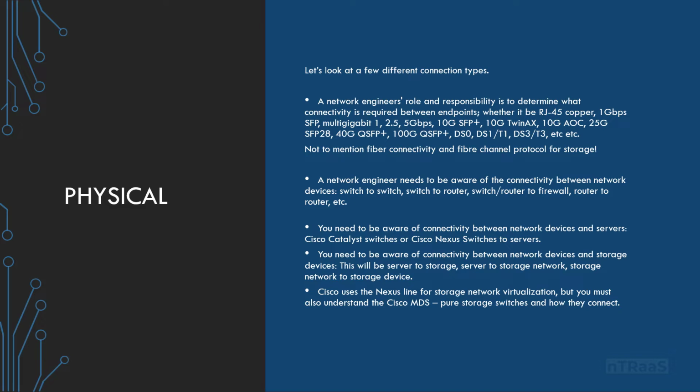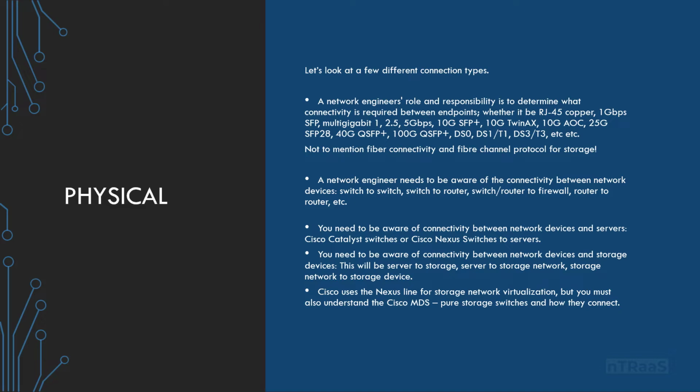So something to remember. And as I mentioned, we have RJ45 copper, which is what all of our computers pretty much connect to. And then we have the 1 gigabit per second SFP. For RJ45, we can also have what's called a multi-gigabit connection.